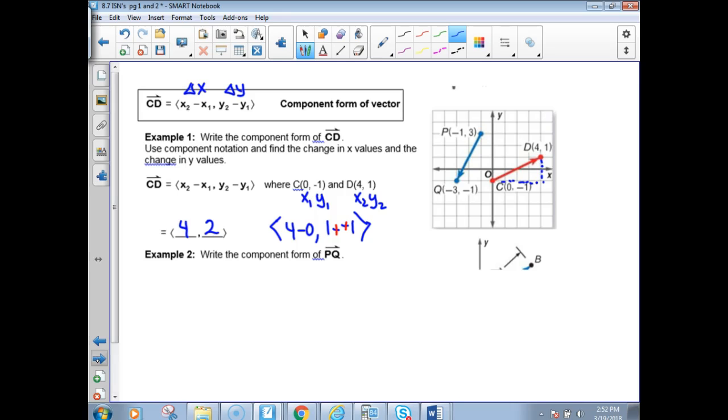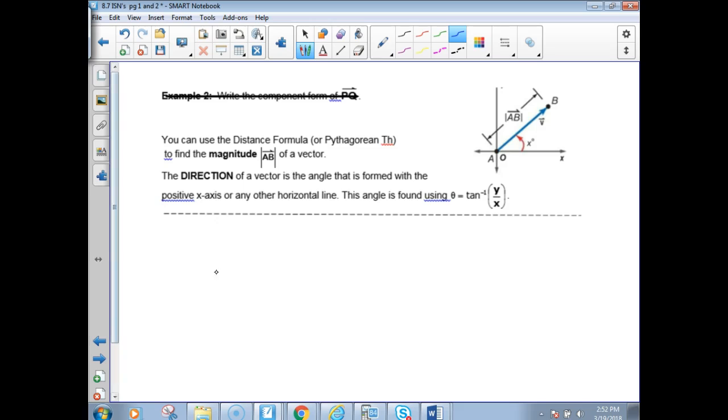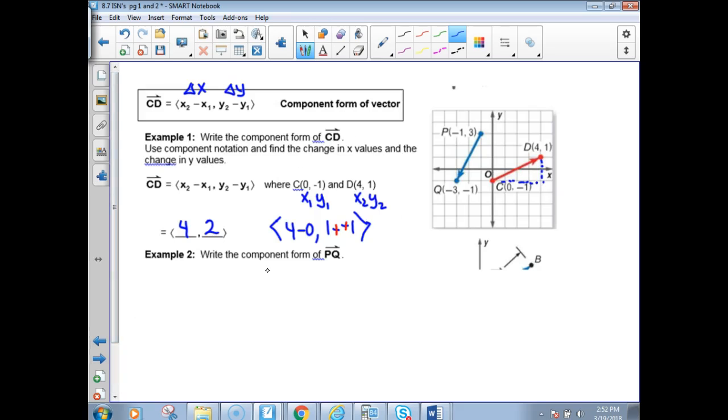Next, we're going to write the component form for PQ. Okay, the component form for PQ, I guess I will do that right here. You've got P as your initial point. So this is your x1, y1. I guess I'll write those down here. P is at -1, 3. So that's x1, y1. And Q is at -3, -1. So that's your x2, y2.